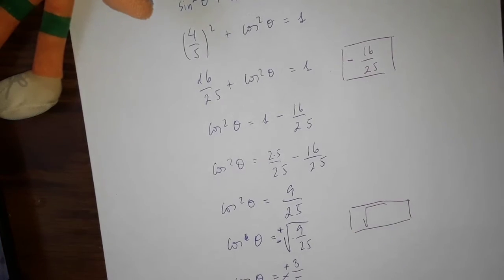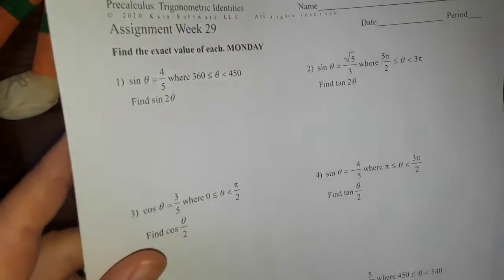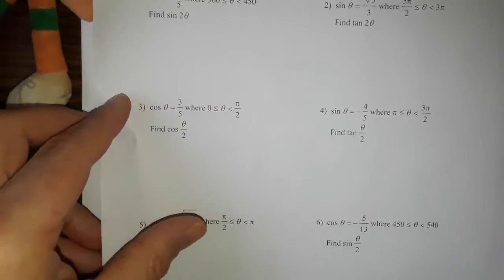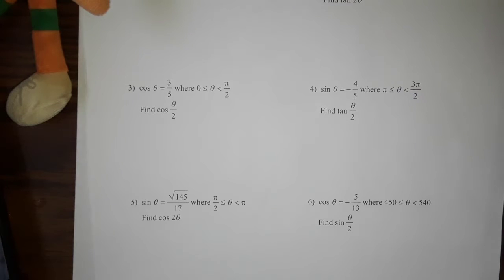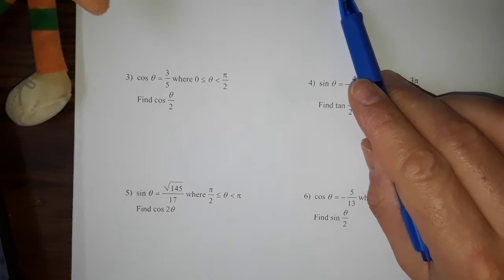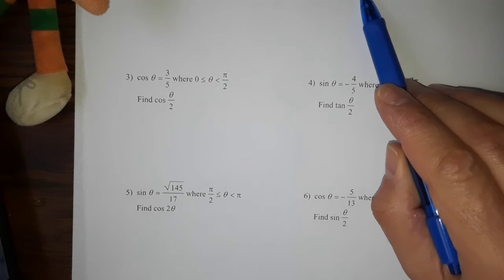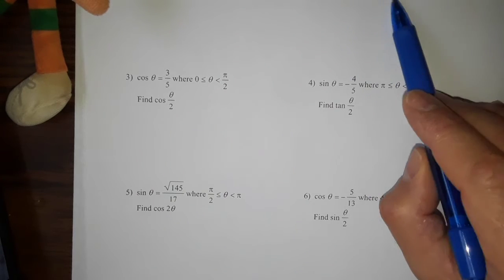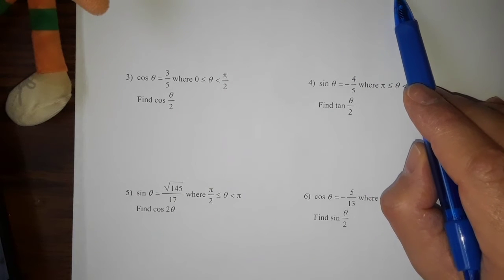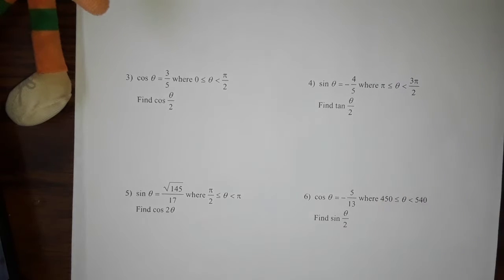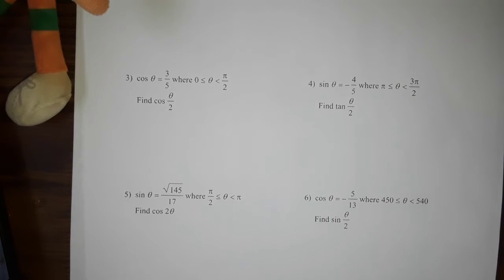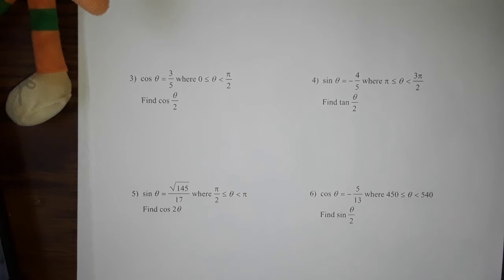Before I finish the video, I would like to talk about the next problem. You have sine of theta equals square root of 5/3. Now this is in radians. Remember that you can easily convert radians to degrees, to find exactly where you're at.